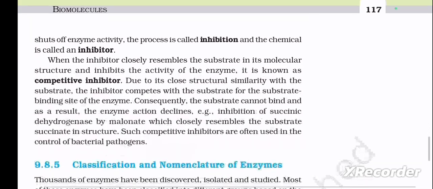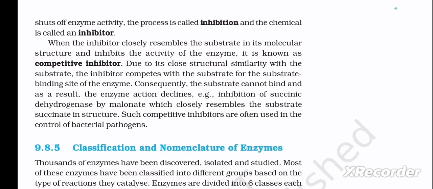When the inhibitor closely resembles the substrate in its molecular structure and inhibits the activity of the enzyme, it is known as a competitive inhibitor. Due to its close structural similarity with the substrate, the inhibitor competes with the substrate for the substrate binding site of the enzyme.